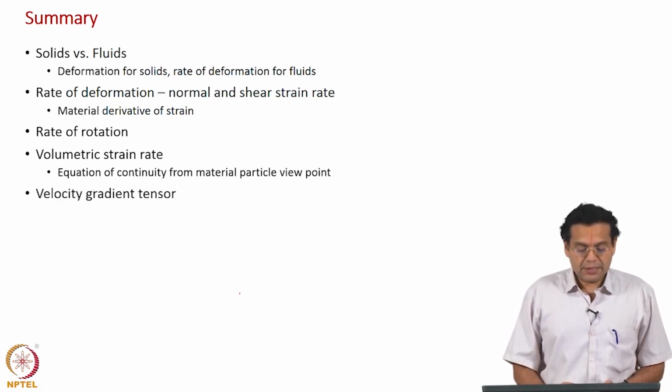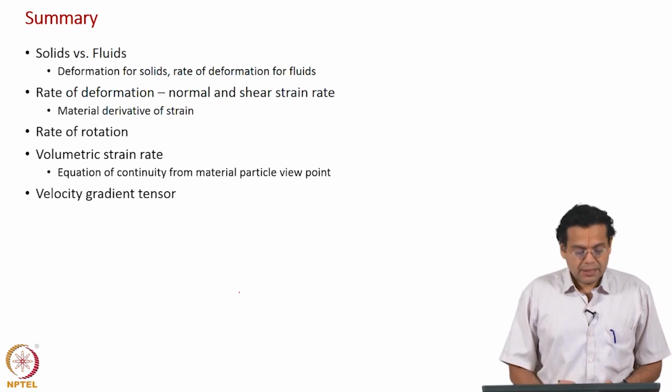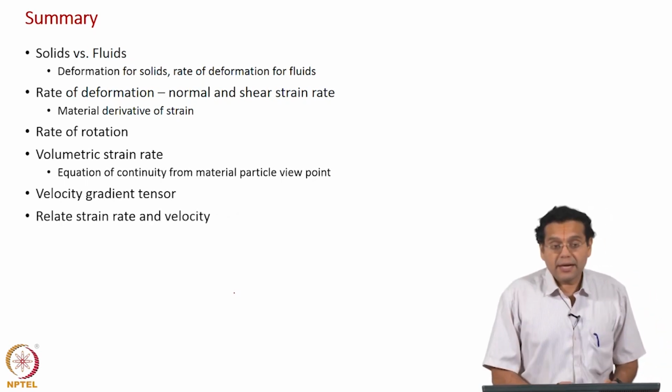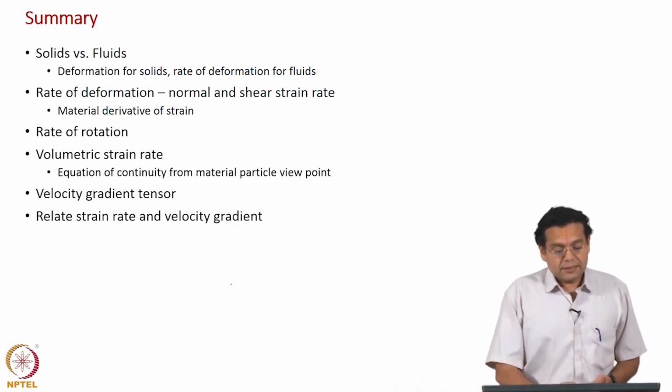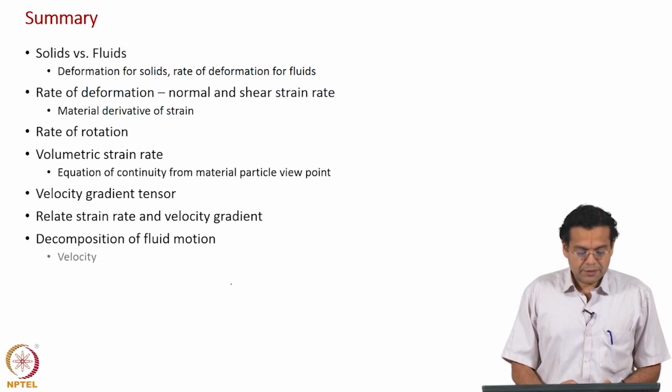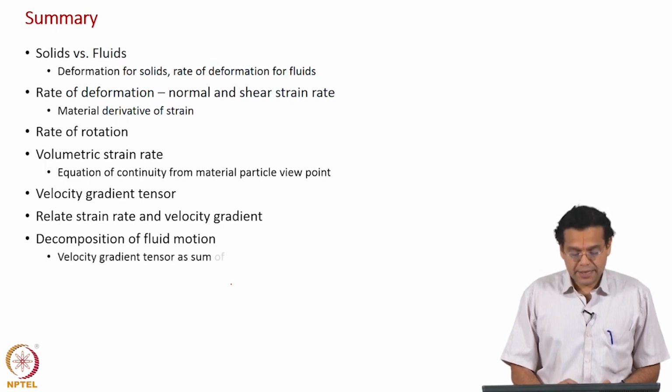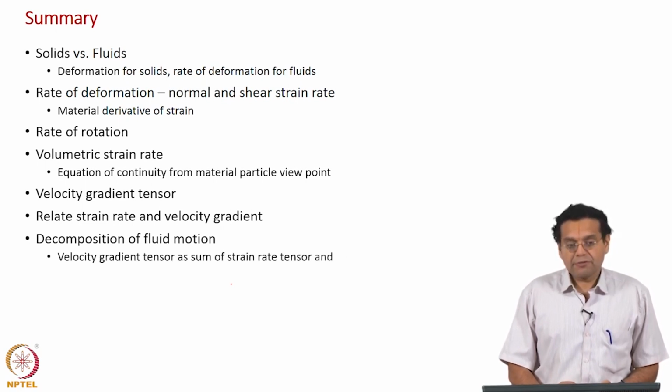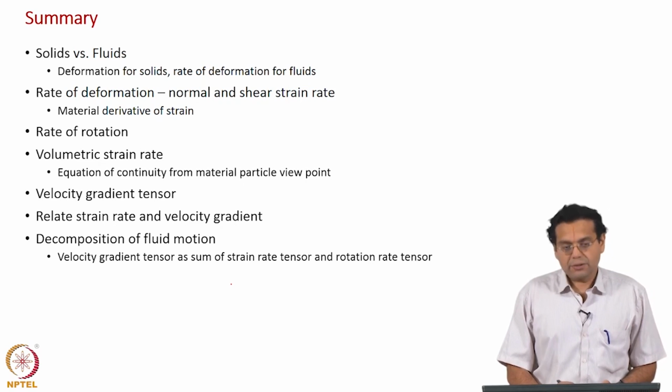We discussed the velocity gradient tensor analogous to the displacement gradient tensor for solids, and then we related the strain rate to the velocity gradient, and we also discussed the decomposition of fluid motion, which is expressing the velocity gradient tensor as sum of strain rate tensor and rotation rate tensor.